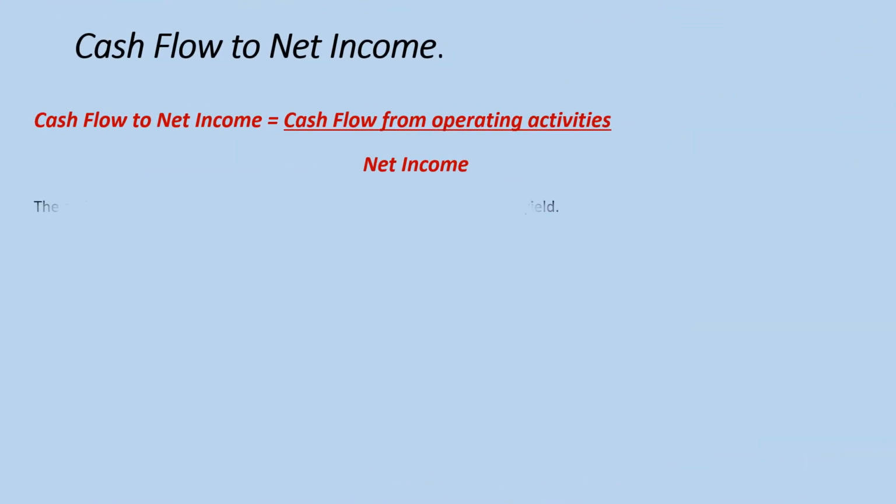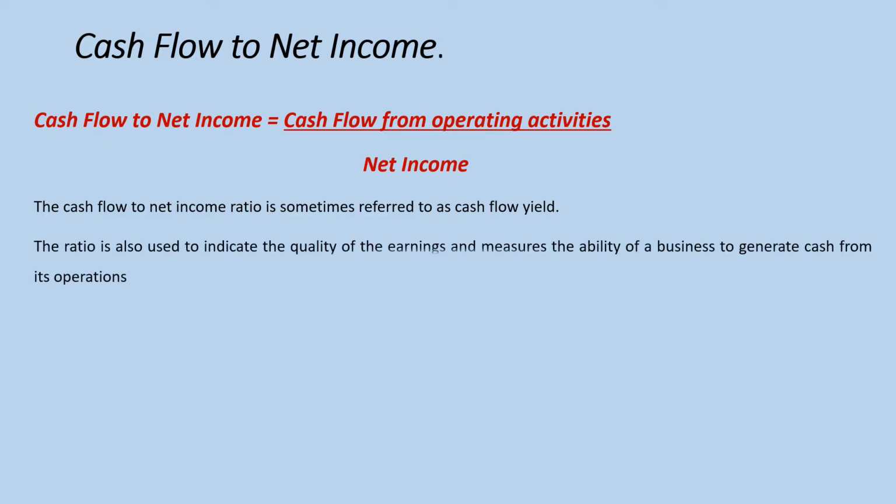The cash flow to net income ratio is sometimes referred to as cash flow yield. It is calculated by dividing the operating cash flow of the business by its net income. The ratio is also used to indicate the quality of the earnings.